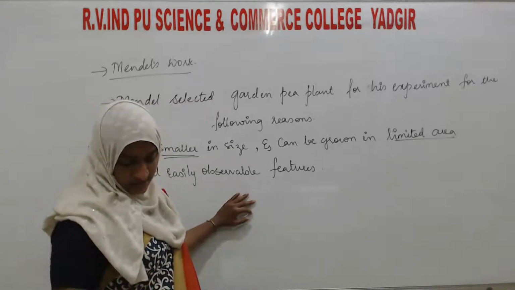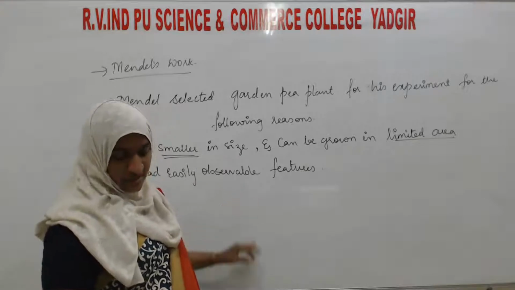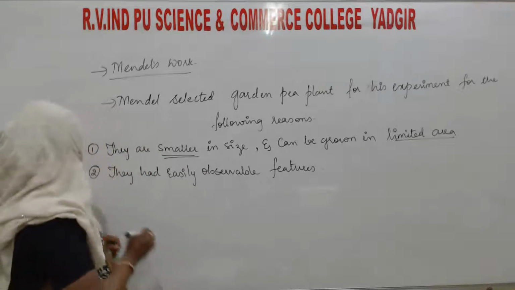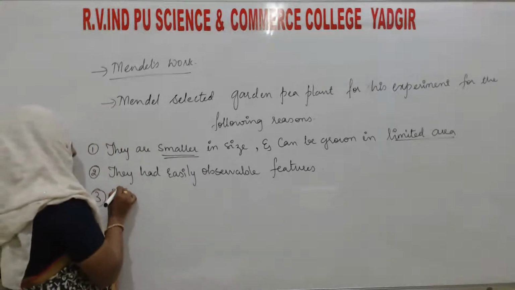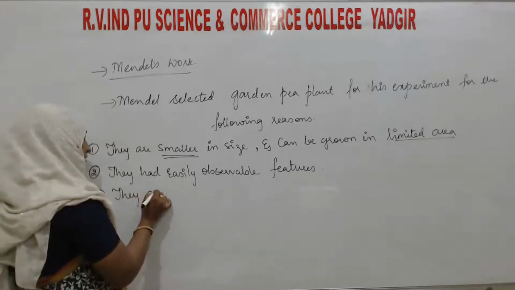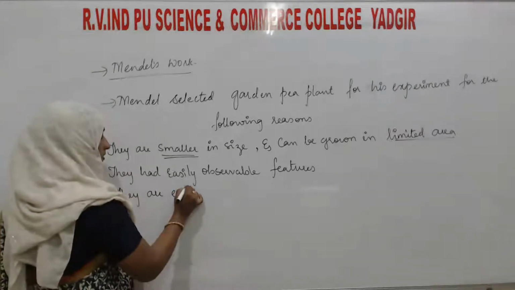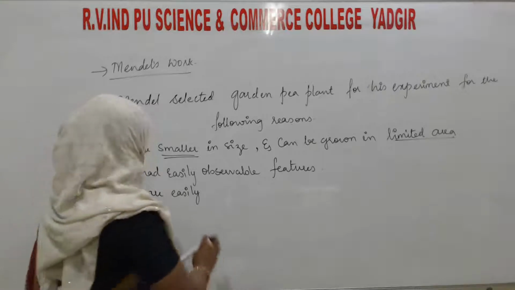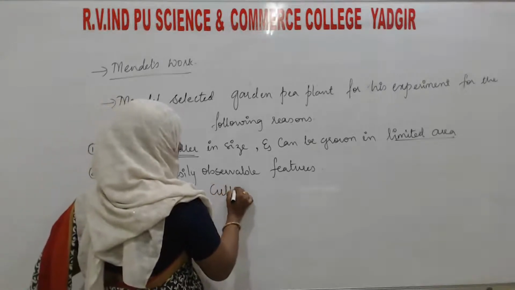Then third reason here: they were easily cultivated because of their rapid life cycle.